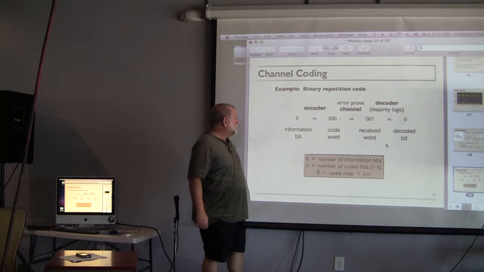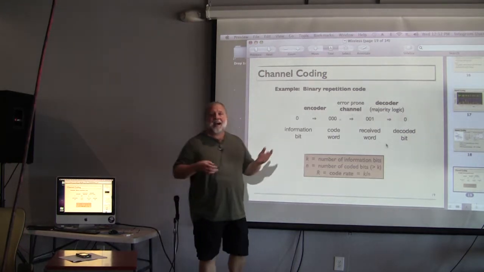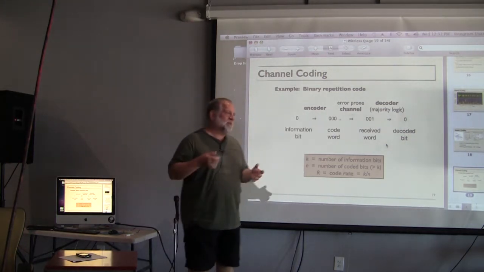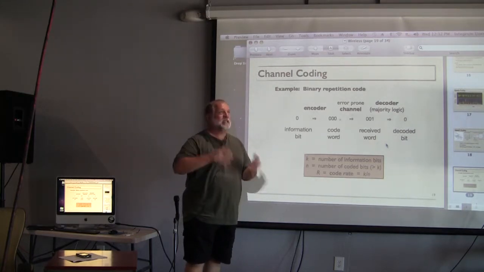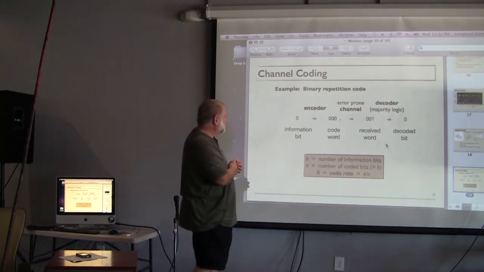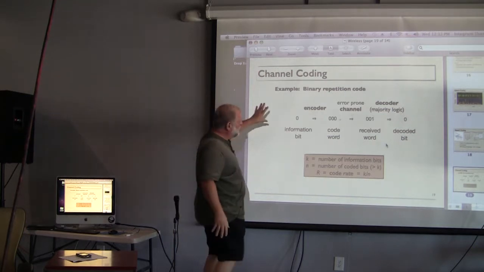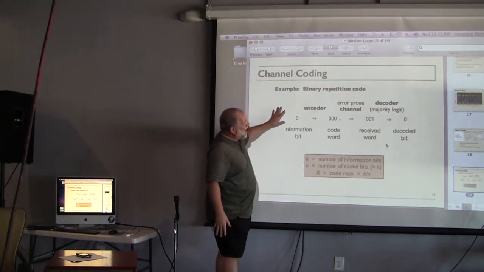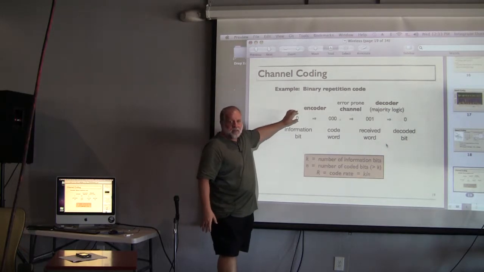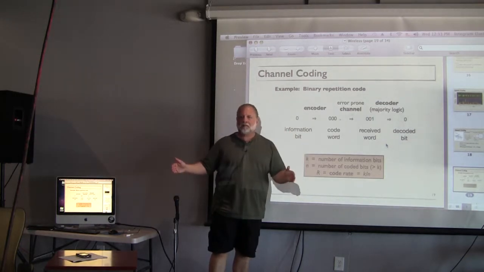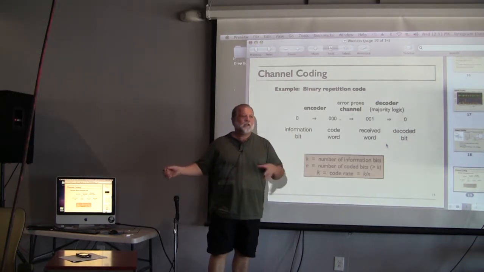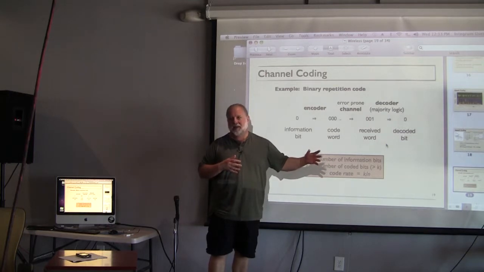Okay, so that is the basic concept of adding diversity, or excuse me, of channel coding, okay? Now, just a couple parameters. What happens is we almost never use a code that is this simple. What we usually do is take a big block of data, and encode it to an even bigger block of data.